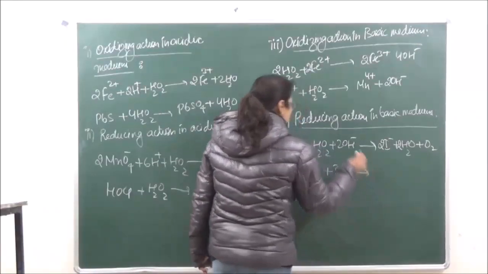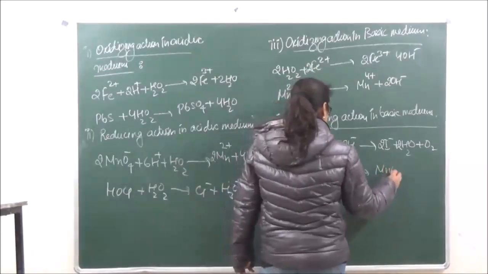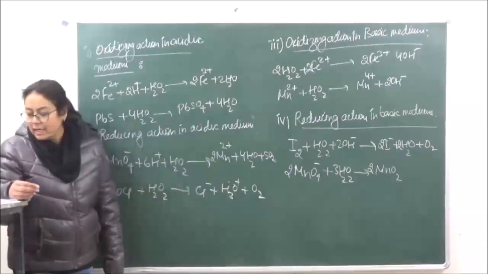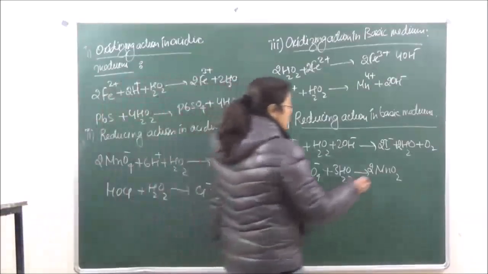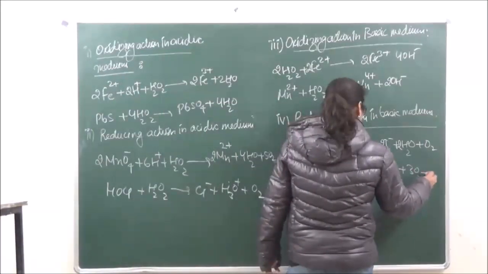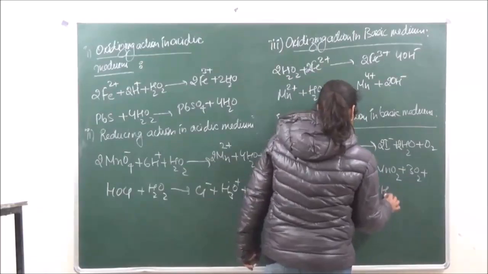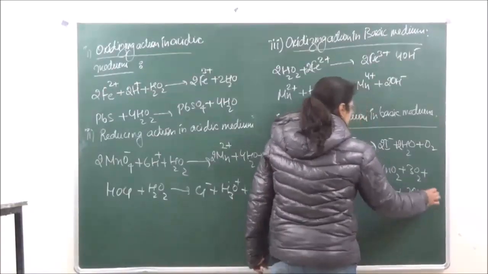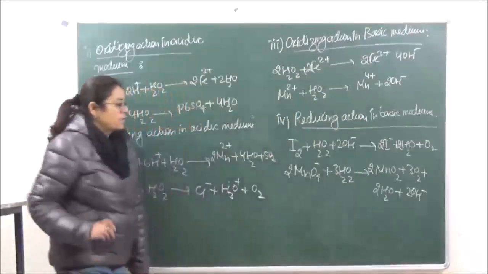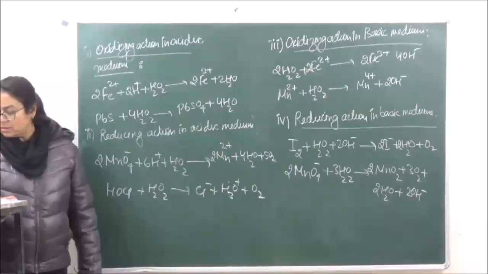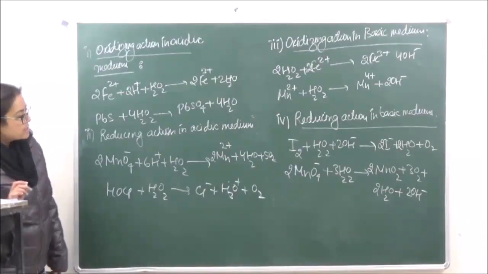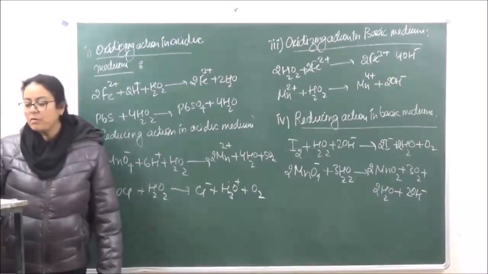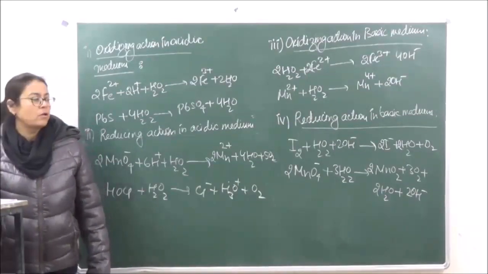So H2O2, this is going to give us 2MnO2, manganese dioxide, and plus 2OH negative. Just see whether the hydrogen is balanced. Yes, it is balanced. So these are going to be some of the chemical properties of hydrogen peroxide.